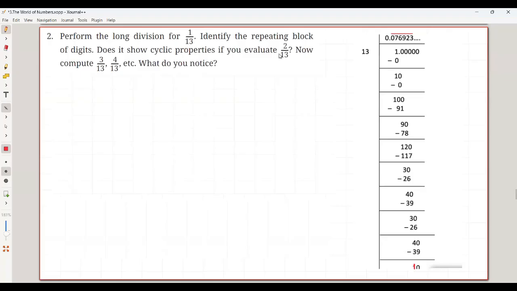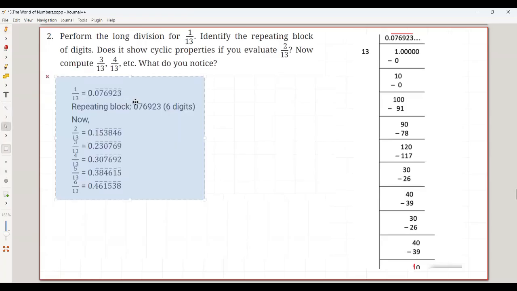Now based on this, we have to find out 2 by 13, 3 by 13 and 4 by 13. We found that 1 by 13 is equal to 0.076923, which is repeating. So the repeating block is 076923, 6 digits repeating.